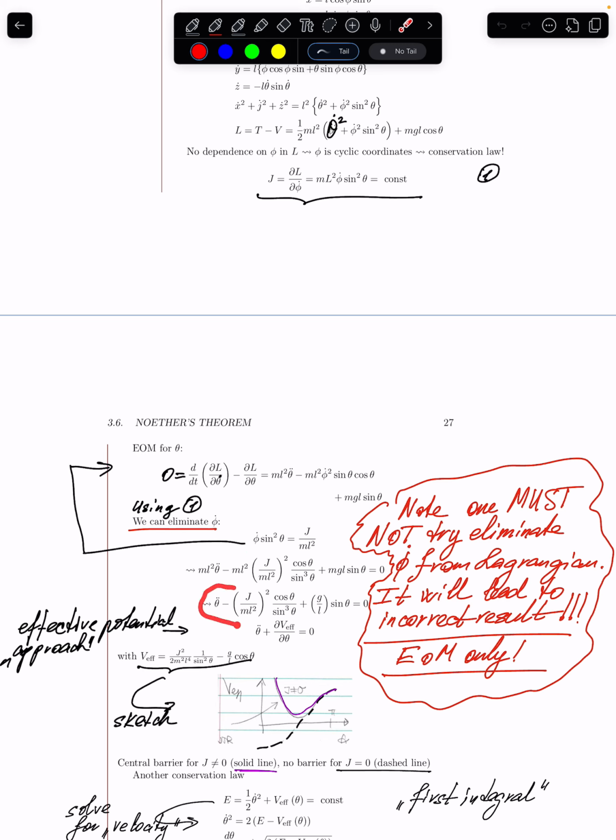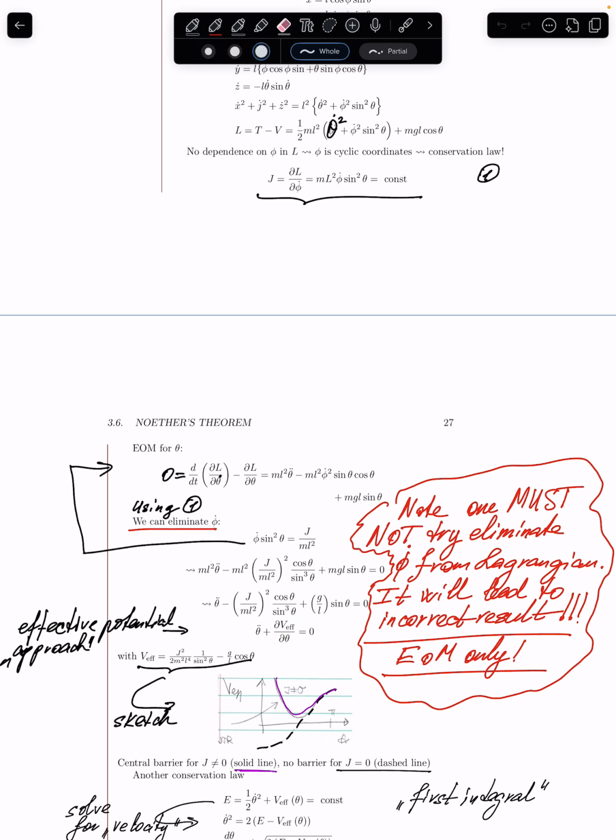You will simplify it now to express theta double dot minus something. I will rewrite this equation in this form over here. This form tells me that theta double dot plus the derivative of some effective potential with respect to theta equals 0.